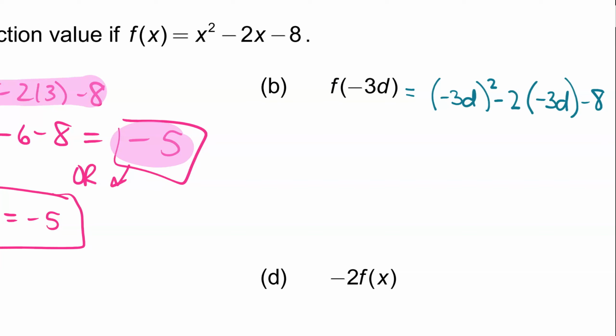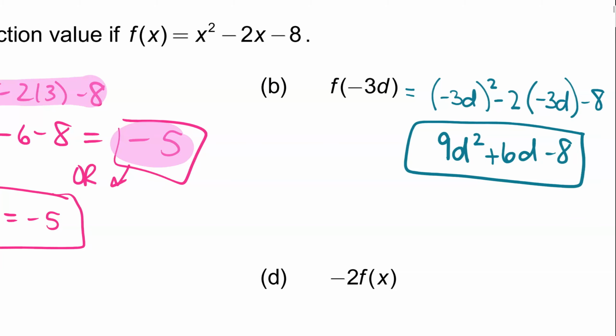Since it's one term, I can just distribute the negative 2 everywhere. Negative 3 times negative 3 is 9, and then d squared plus 6d minus 8. That's it. That's all I want. You just have to simplify it. If there were common terms, you'd have to combine them, but that's it. I just want you to plug it in and show me you know the rules of exponents.